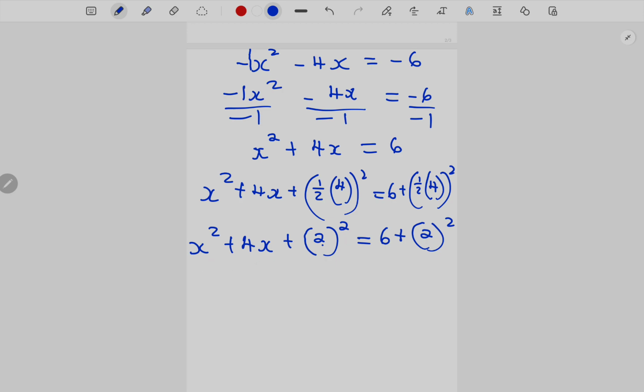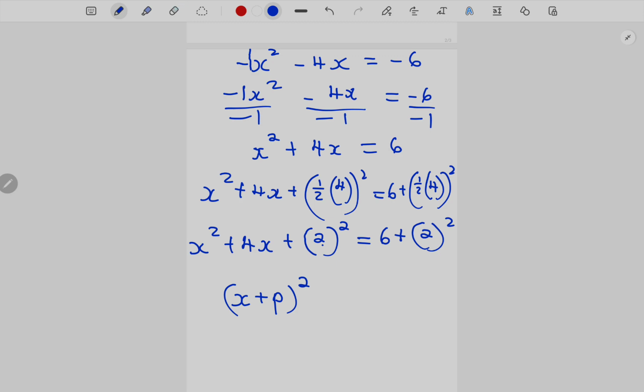Now we're going to rewrite this in the form of x plus b, all squared. So what does that mean?